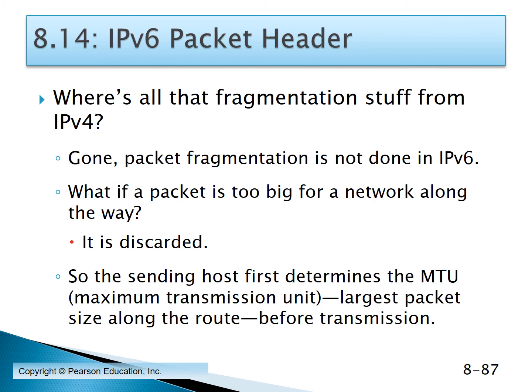In IPv4 it kind of will be handled, but in IPv6 if it is too big it will just be discarded. Normally the sending host will first have to determine the MTU, the maximum transmission unit, that is the largest packet size along the route before transmission. If you determine that before you send, and make sure that you don't exceed that limit, then you don't need any fragmentation along the way.